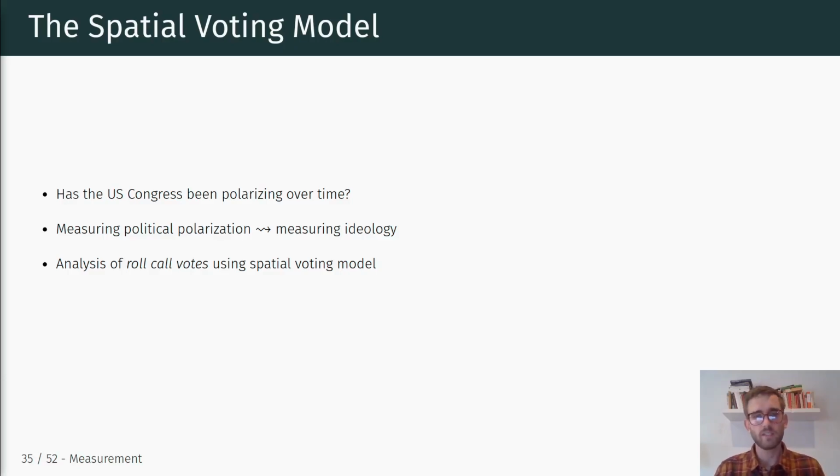And one way in the discipline to measure ideology is to analyze roll call votes of legislators in Congress, and use a spatial voting model to make inferences about this underlying latent construct based on how legislators ultimately behaved. Okay.